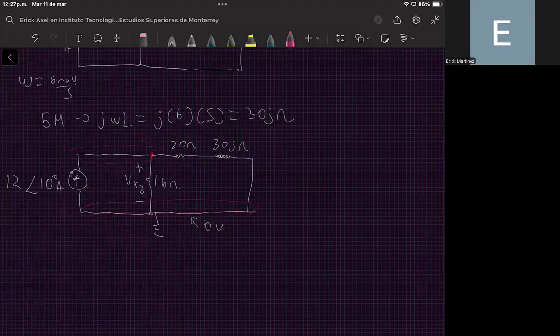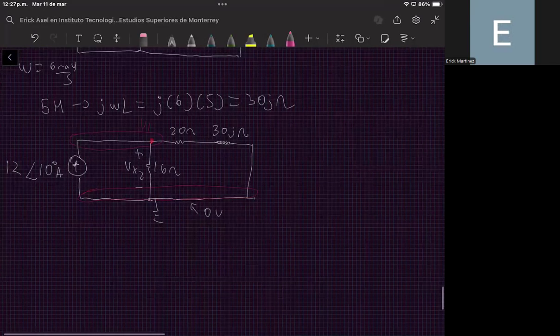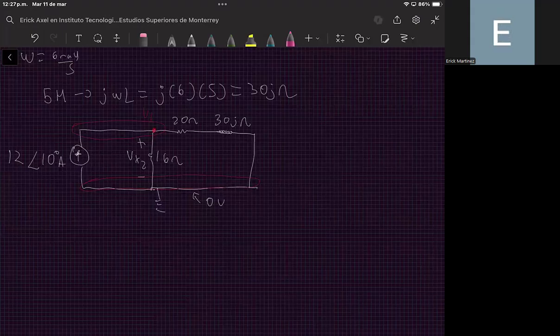But what else can we compute? Well, if you analyze the difference in voltage between node number 1 and the reference node, V1 minus 0 volts, you can notice that this difference in voltage should be equal to Vx2. So we say that V1 is equal to Vx2.